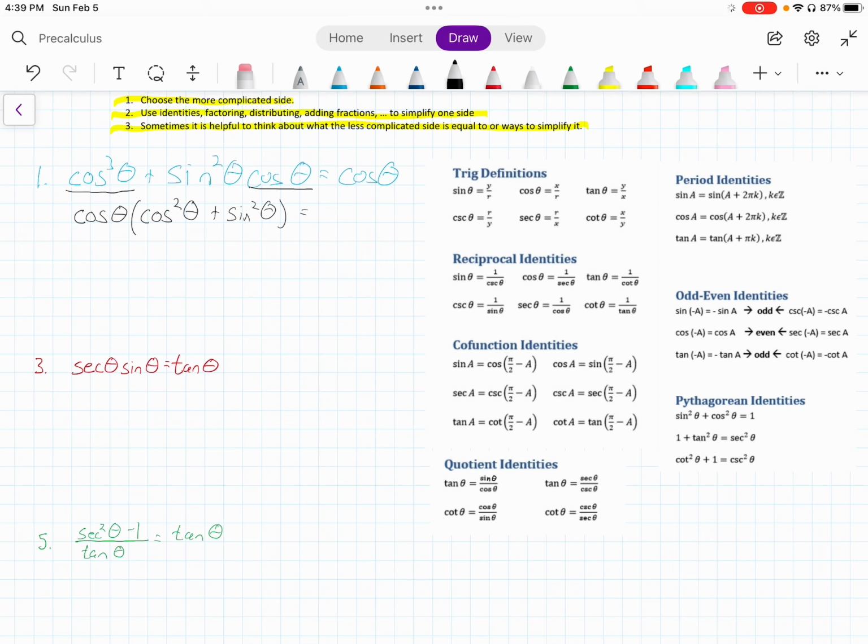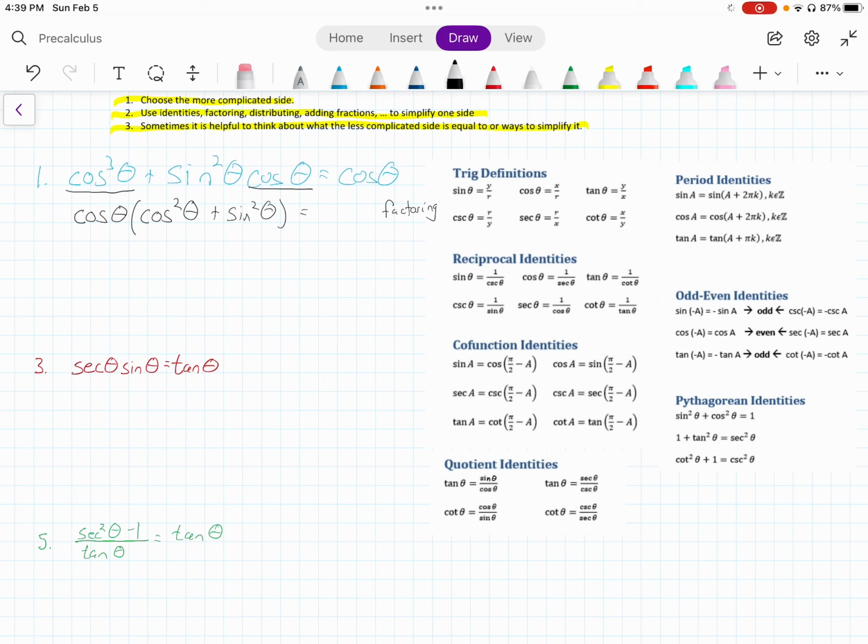And I actually don't even usually rewrite cosine theta because we're going to keep that the same throughout. And why did we do that? Well, that was factoring. So I'm just going to put over here that we factored out a cosine.